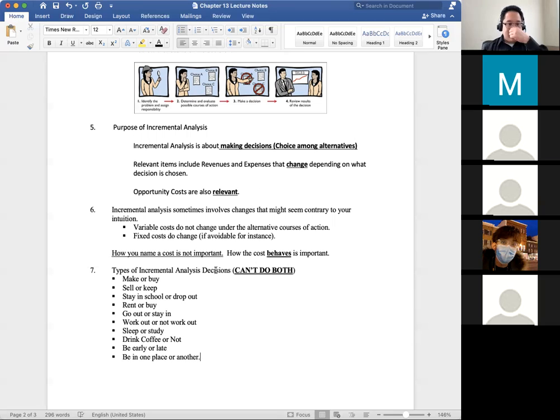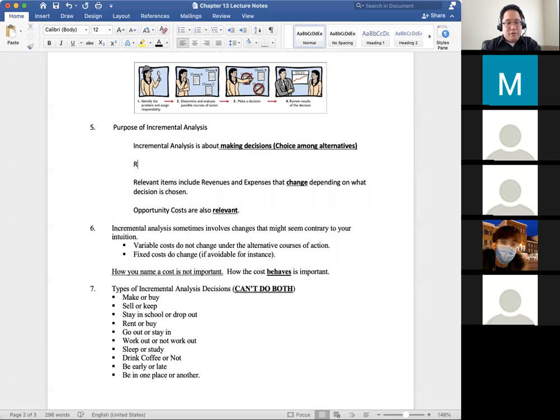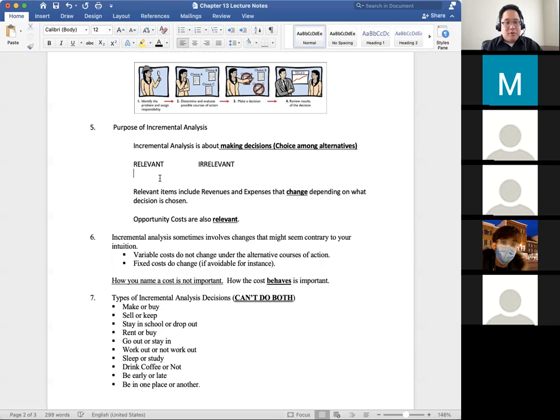So with incremental analysis, the key idea that you need to know is that you have to think about relevant versus irrelevant. Incremental analysis is a question over relevant versus irrelevant. I think people intuitively know this already, but relevant items include revenues and expenses that change depending on the decision that you pick.